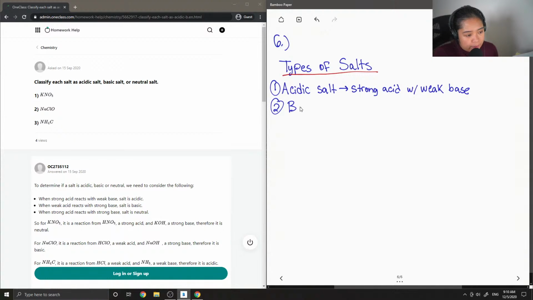We could have a basic salt. This is when a strong base reacts with a weak acid. And lastly, we could have a neutral salt.